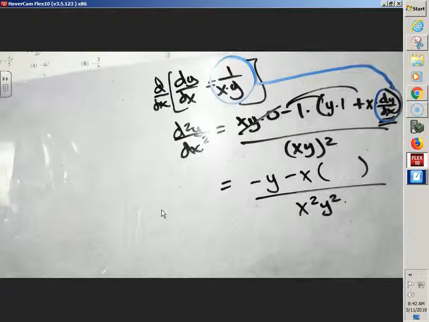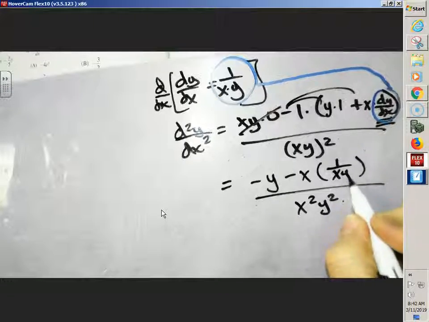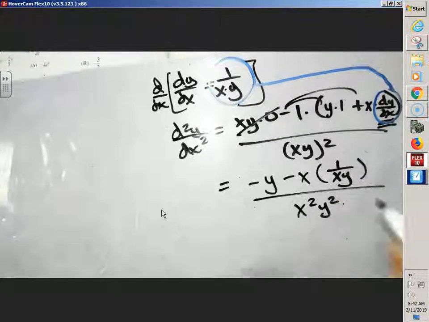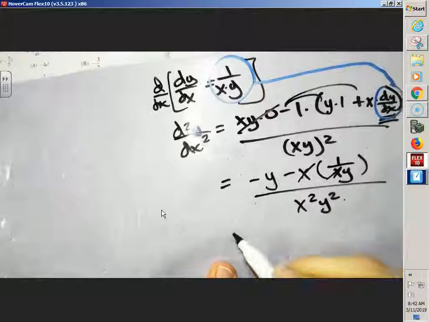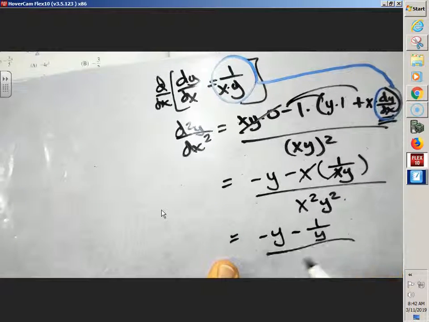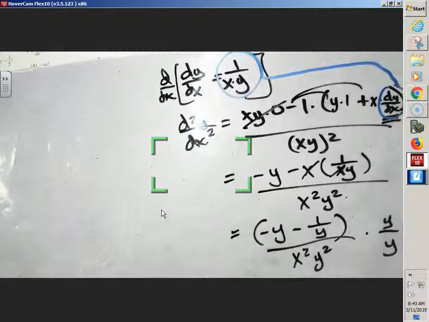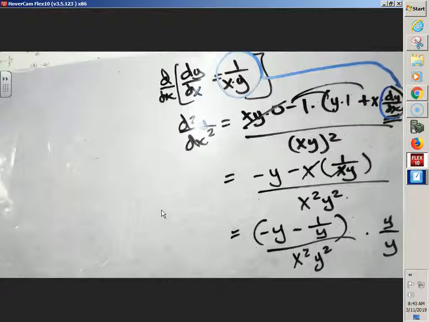Who is dy dx? 1 over xy, right? And I could simplify if I wanted to, make it a little bit nicer. But long story short, I can multiply with my trick to get rid of my complex fraction. I would end up with negative y squared minus 1 all over x squared y cubed.